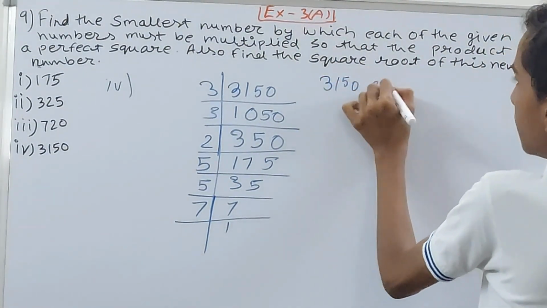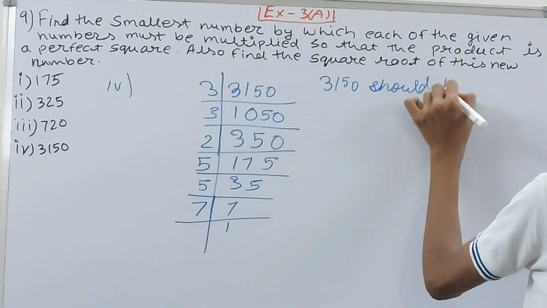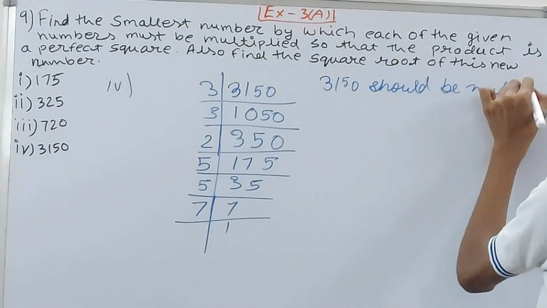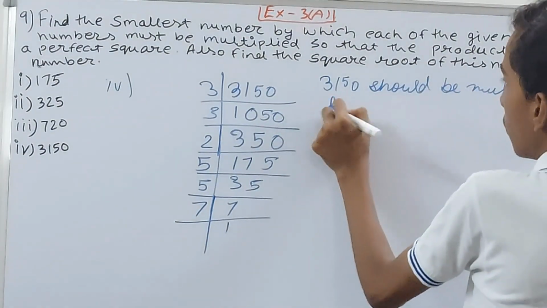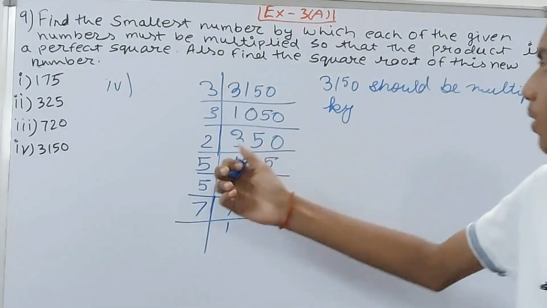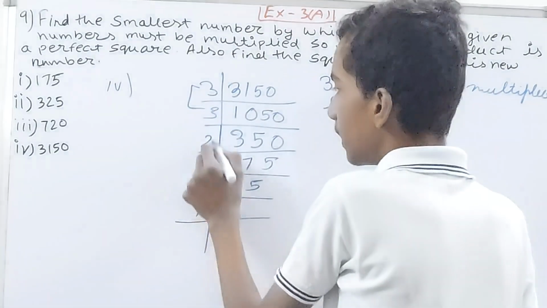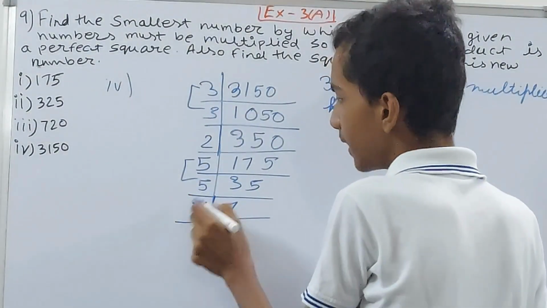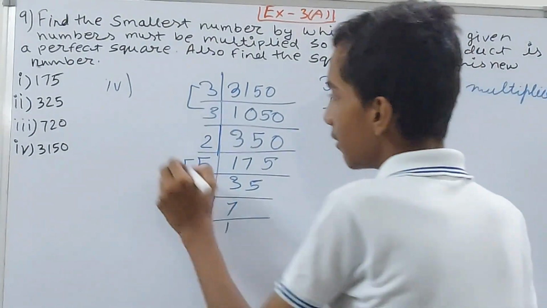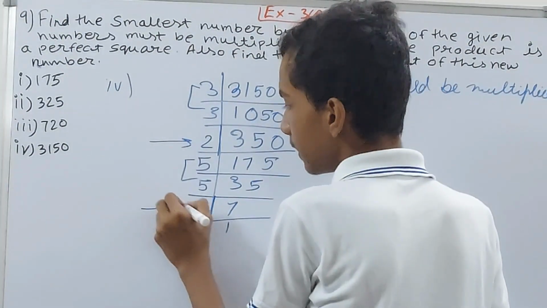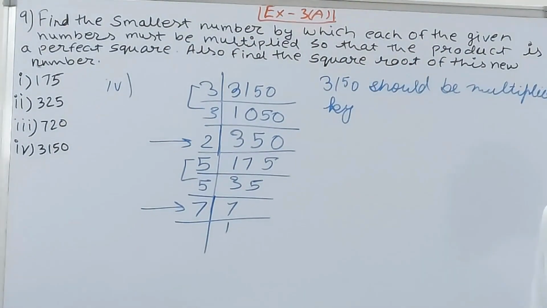So now 3150 should be multiplied by what? By, see, now make the pairs. 3 3, nothing for 2, and this 5 we can make pair, and 7 is left. Now here you can see what numbers are left. First this 2 is left and then this 7 is left. Two numbers are left.